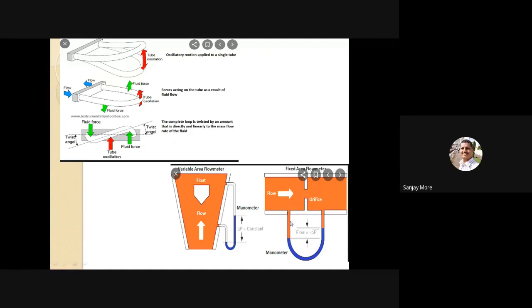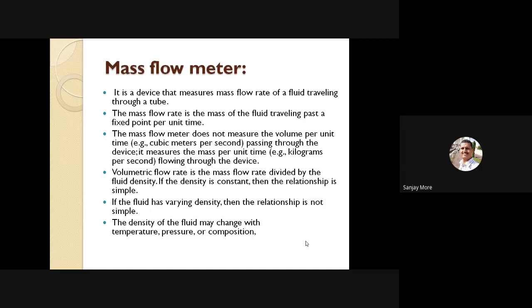Then you measure the initial pressure here, and after the flow passes the orifice plate, you measure the pressure here and check the difference between these pressures. So a mass flow meter is a device used to measure the mass flow rate of fluid traveling through the tube. Where fluid is traveling through tubes, mass flow meters are used.